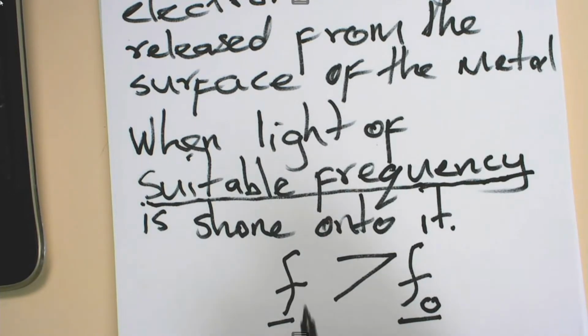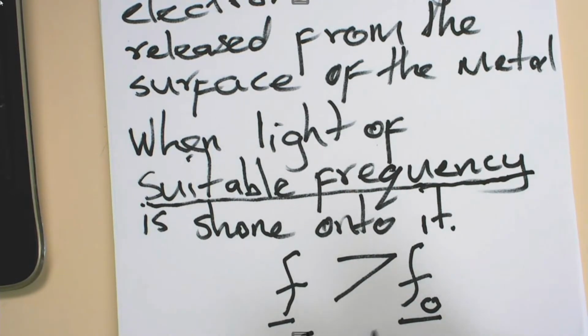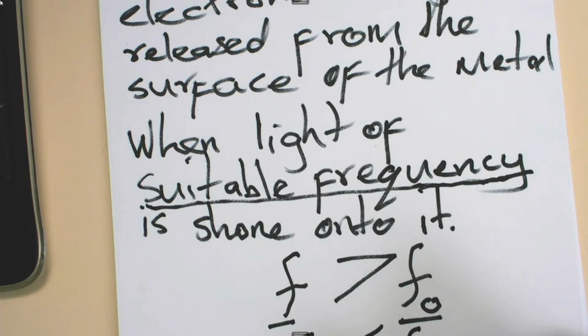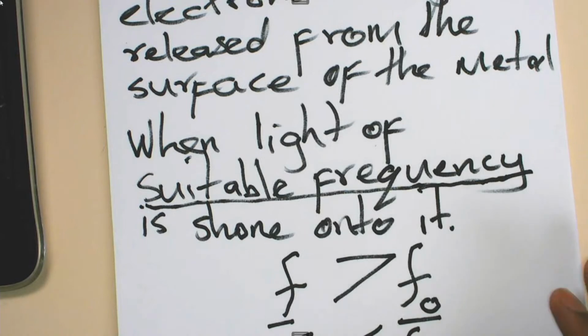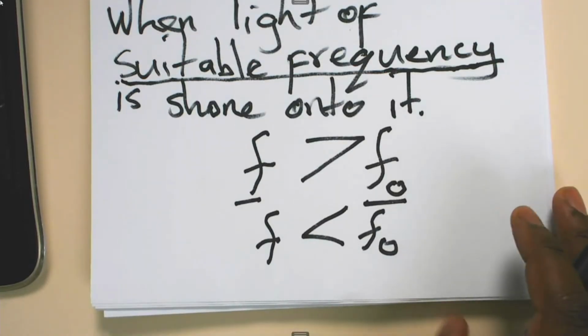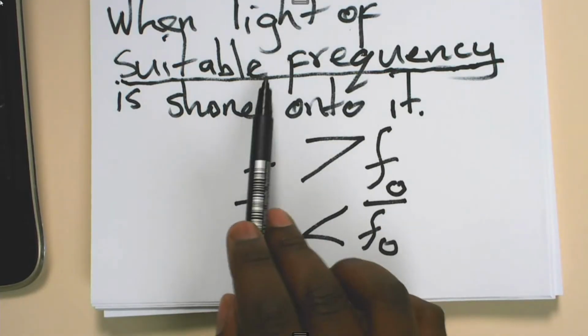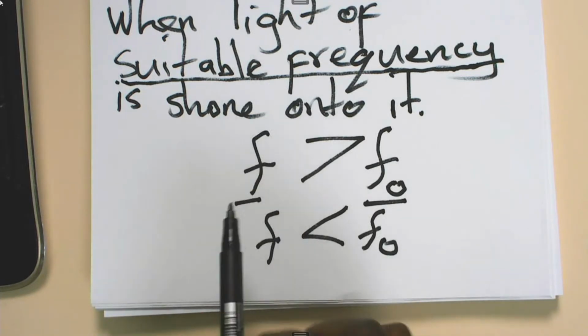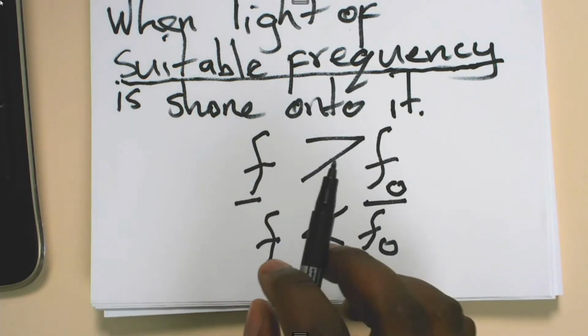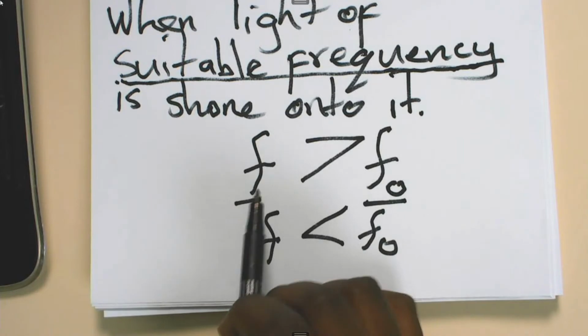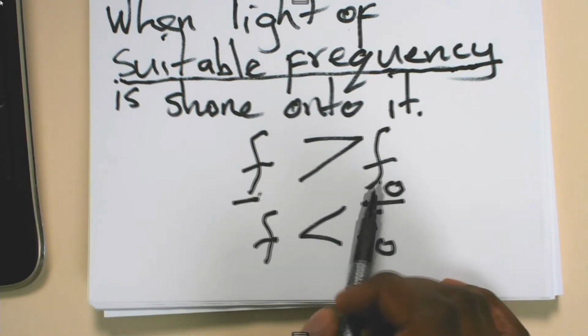But if the frequency of the light is less than the threshold frequency, then electrons will not be ejected from the surface of the metal. So it is important to understand this idea of suitable frequency. Suitable frequency means that the frequency of light is greater than the threshold frequency.